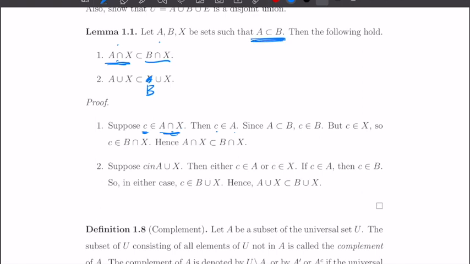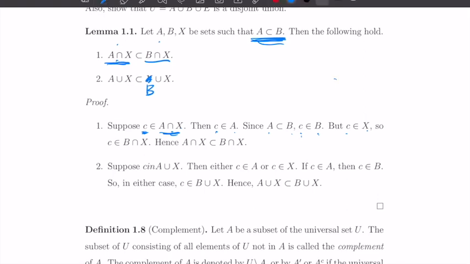But by assumption, A is a subset of B, so C also belongs to B, because C belongs to A and A is a subset of B. And because of this, C also belongs to X. So C belongs to B and C belongs to X, which means C belongs to the intersection of B and X.